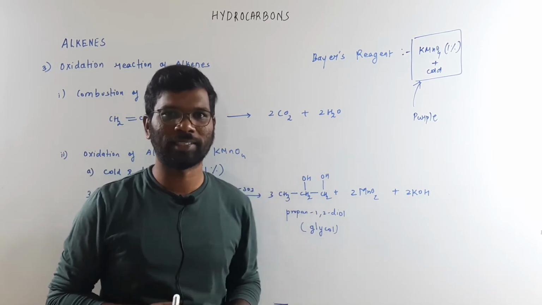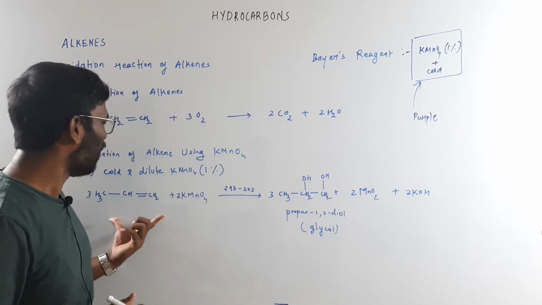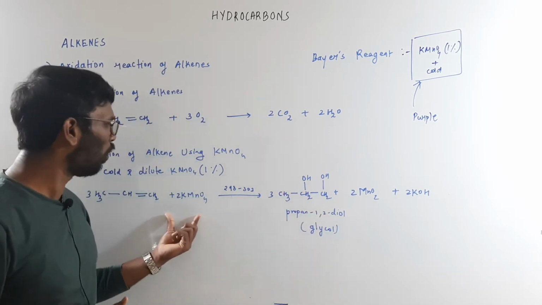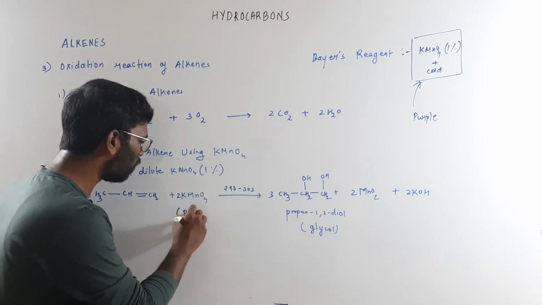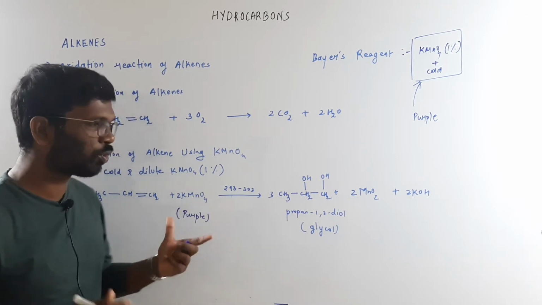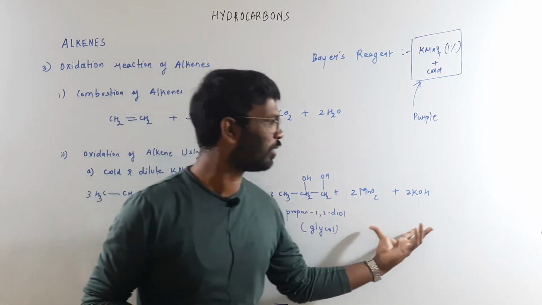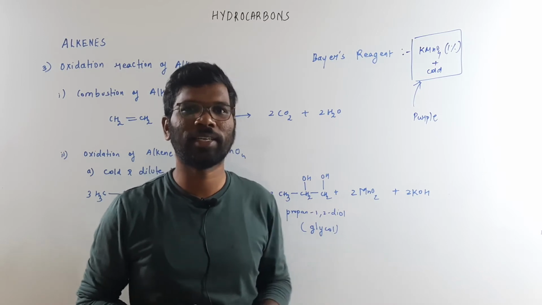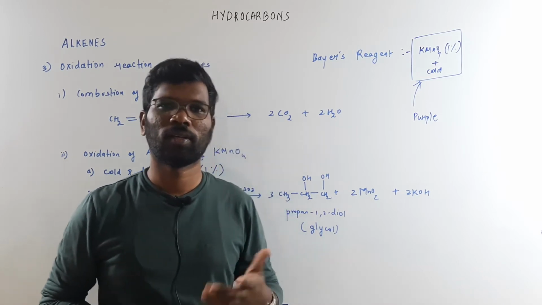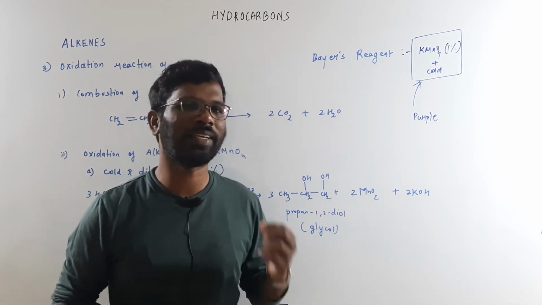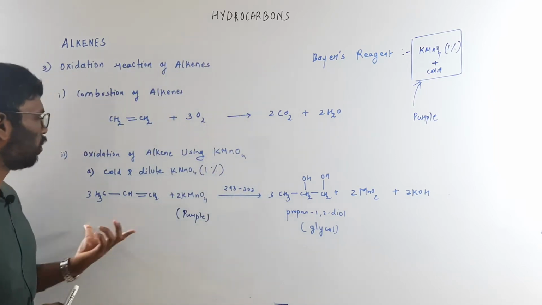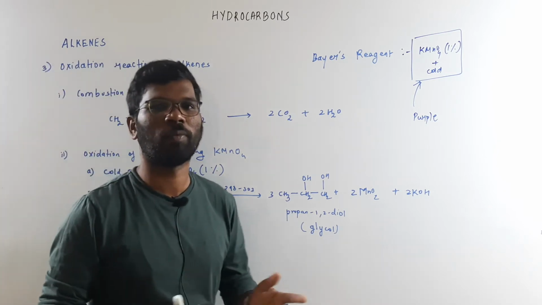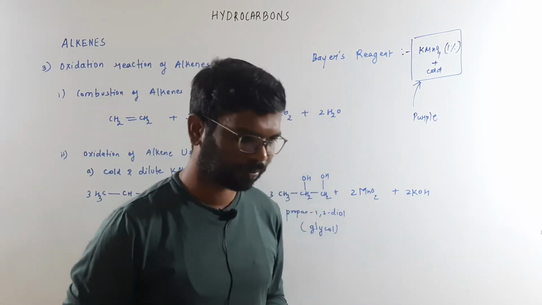That itself tells that the alkene has been oxidized. The solution will be colorless, and this tells that there was a double bond or a triple bond. This is a test for the presence of unsaturation in the compound.